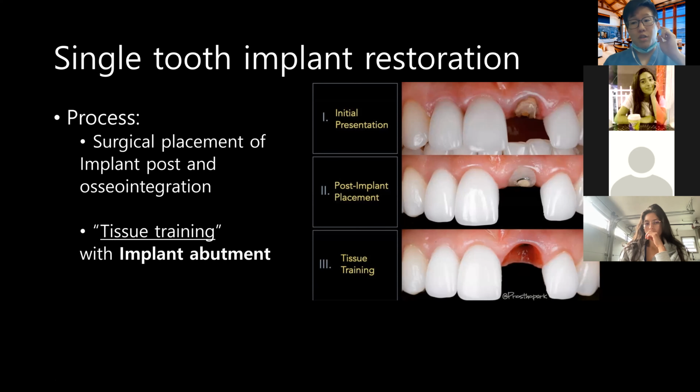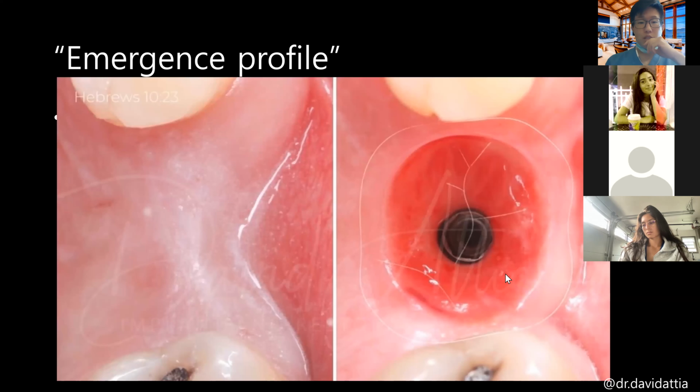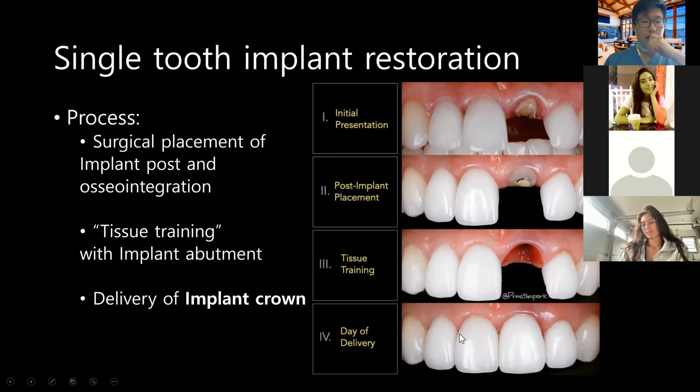And over time, the soft tissue is going to mold. Just like how a pontic on a bridge molds soft tissue, the implant abutment can tissue train the soft tissue for ideal aesthetics. So you can see here, the tissue has been molded to accommodate a crown here. And finally, you deliver the implant crown, and it looks just as new.